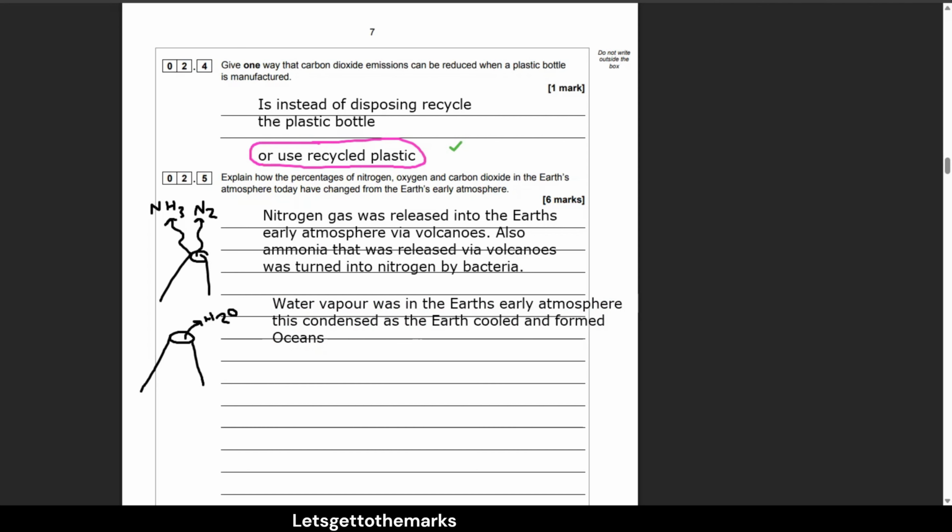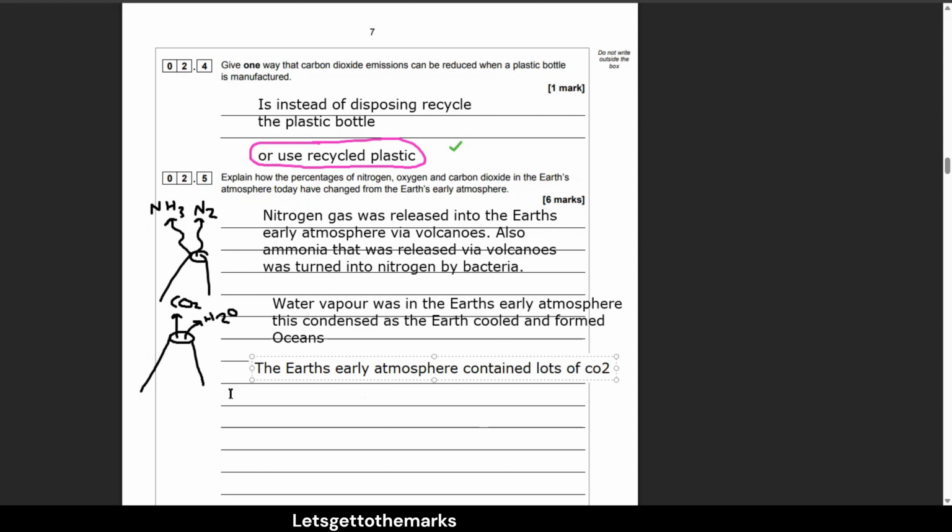But what we also had coming out of those volcanoes in the Earth's early atmosphere was an incredibly large amount of carbon dioxide. So what's happened to the carbon dioxide? We want to say the Earth's early atmosphere contained lots of CO2, quite a frightening amount of CO2.